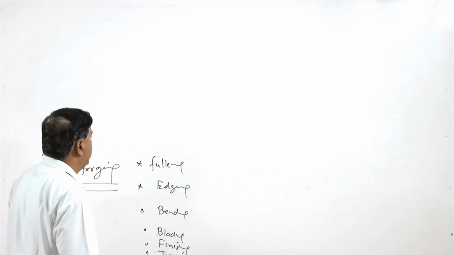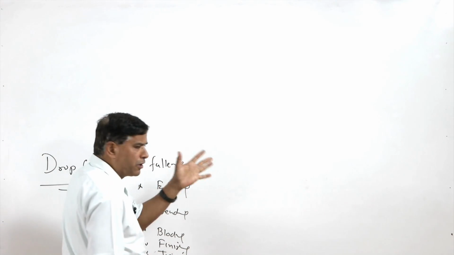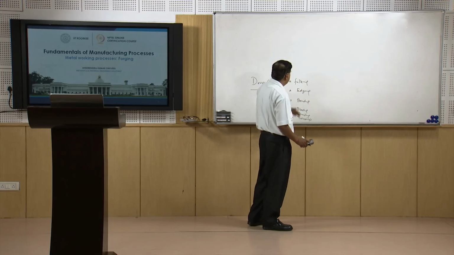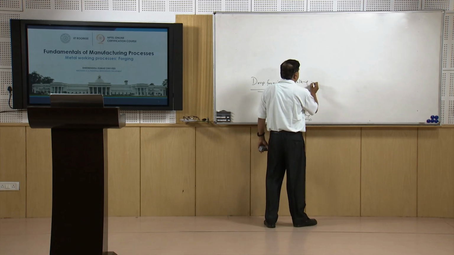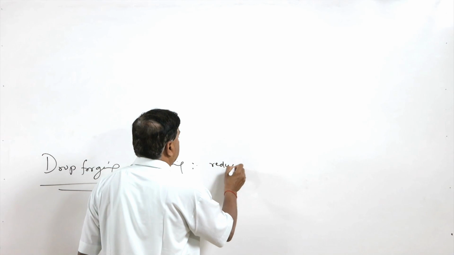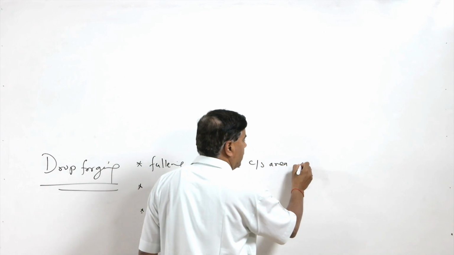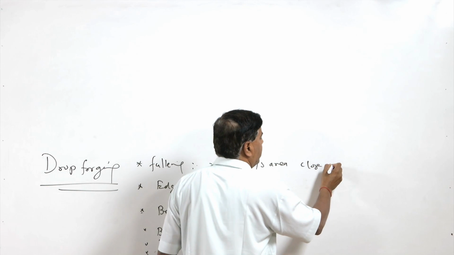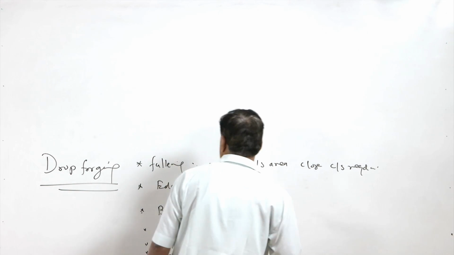So, for making these somewhat complex shapes, we need to follow certain steps depending upon the geometry of the product to be made. Fullering is used for reducing the cross-sectional area close to the cross-sectional area required in the job.